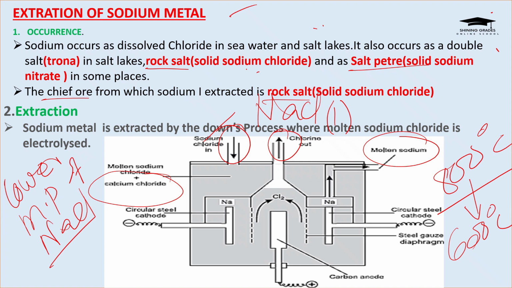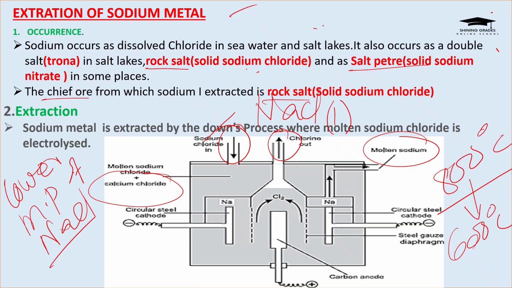So we can see the melting point of sodium chloride being lowered from 800 degrees Celsius to 600 degrees Celsius, and this makes the whole process of electrolyzing and extracting sodium very economical. If this is not done, then a lot of electricity is used in the whole process, and therefore adding calcium chloride makes the whole process economical.